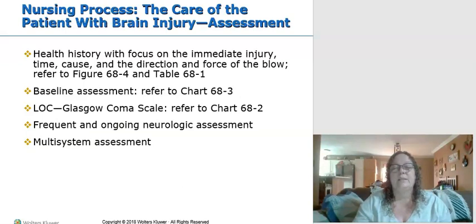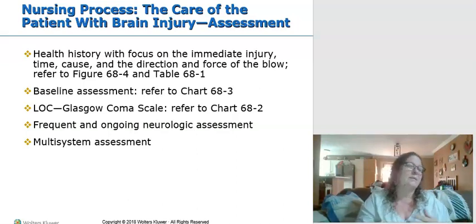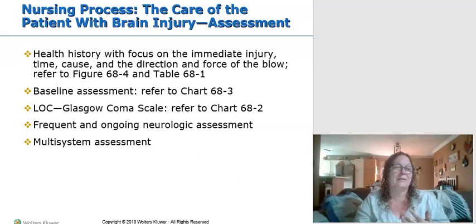So for the nursing process for assessment of brain injuries, we want to do a thorough health history if possible, with a focus on the immediate injury though. So what happened? We want to know the mechanism of injury. Was it a fall? A ground level fall versus a fall from a second story is very different.